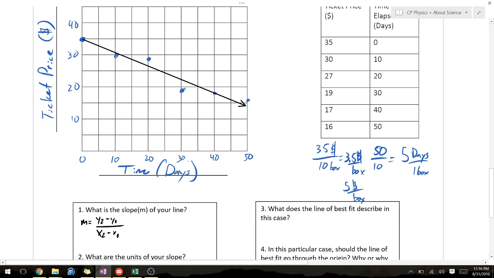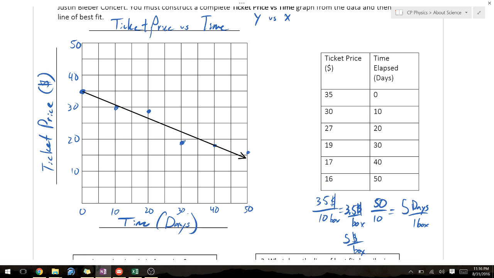Usually what happens is I see students who will plot and use data points that aren't on the line. For example, if we were to use the third one, this one right here, and let's say maybe this one right here, that would give us a line that's actually more like that. And that's not what our line of best fit represents. So we want to pick two data points that are actually on our line.